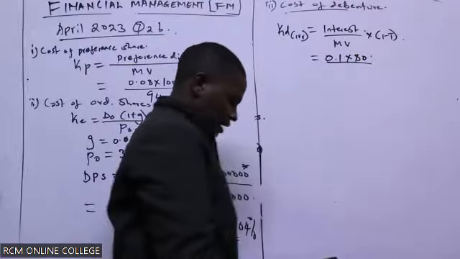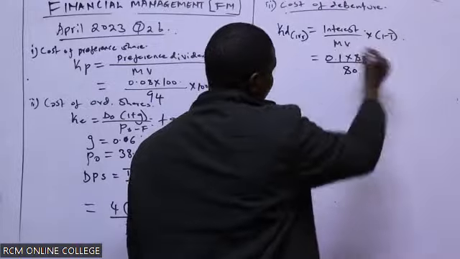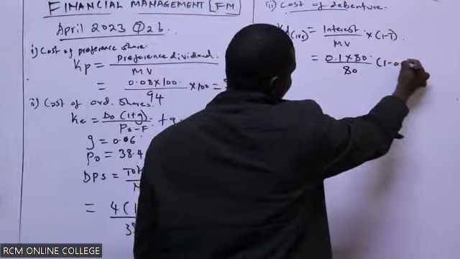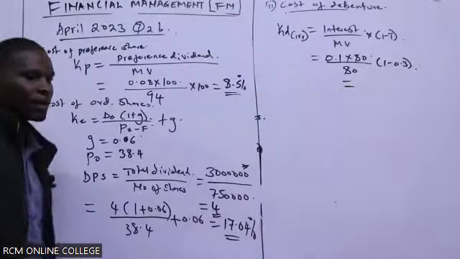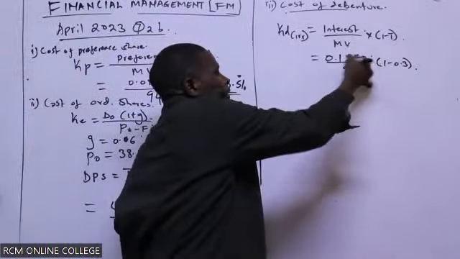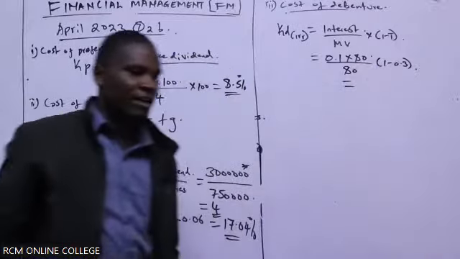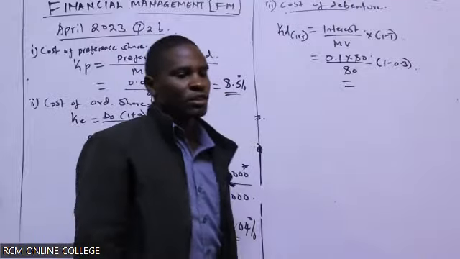Na tuliambiwa hii market price ina change ama haichange? Haichange. Whatever our market value haita change, 1 minus 0.3. Sasa trickiness nayo hapo ilikuwa to identify that the market value was the same as the par.